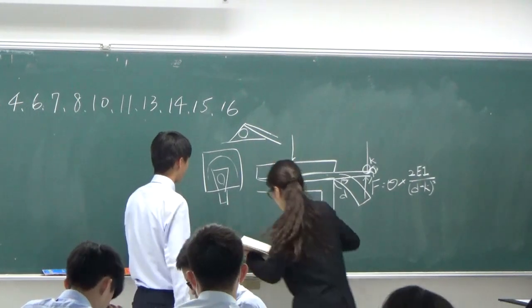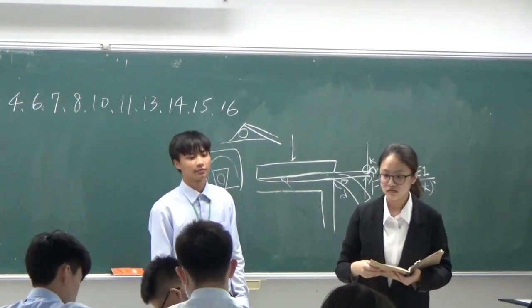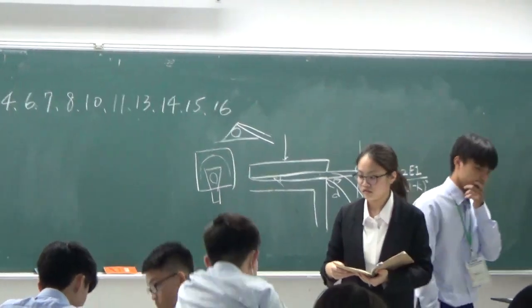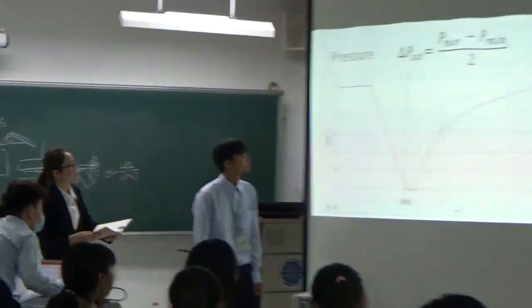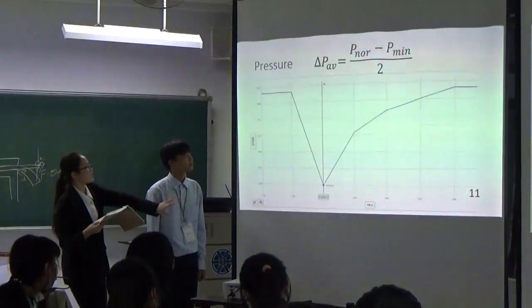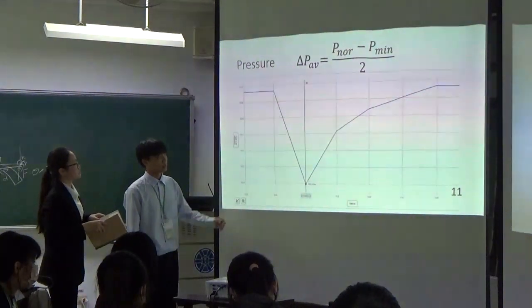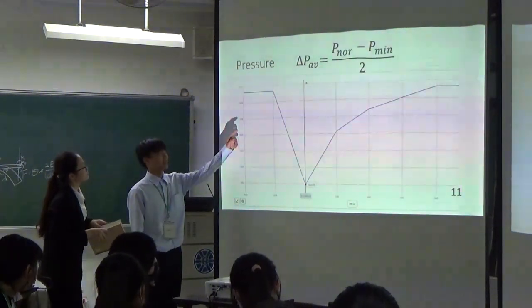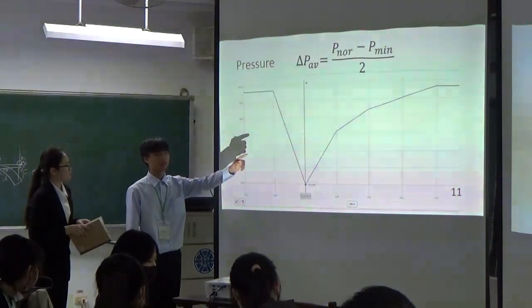Oh, okay. So next part, I want to talk about your data. Can you explain what this chart is talking about? This is the process in which the pressure under the paper decreases and recovers again.